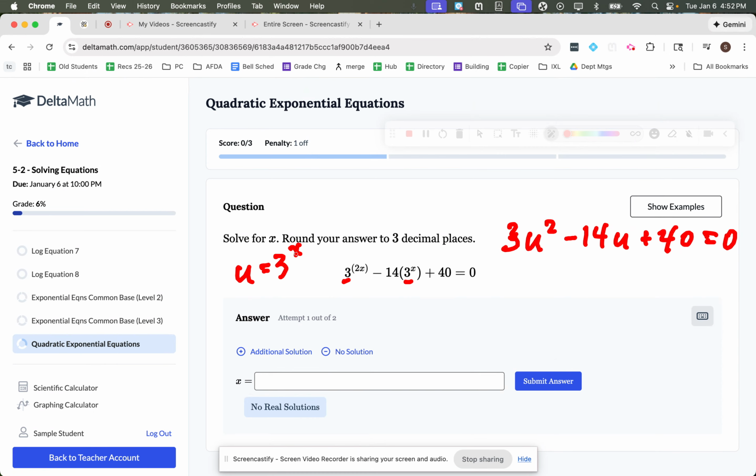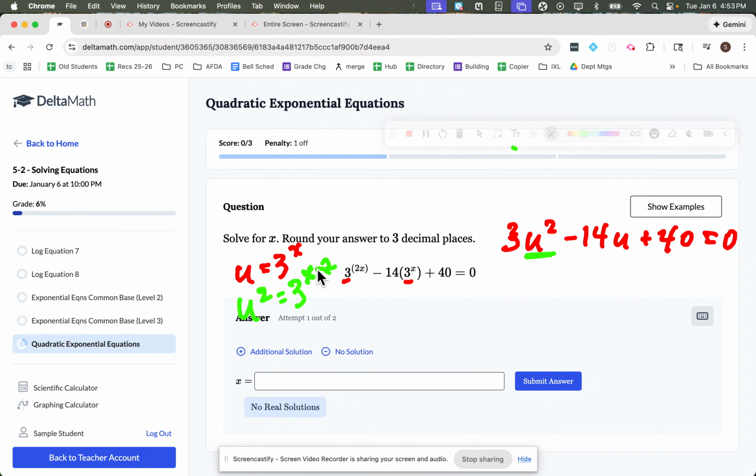And if you've done this right, if you square the u like this, u squared should be 3 to the x, squared, which means multiply that exponent by 2.